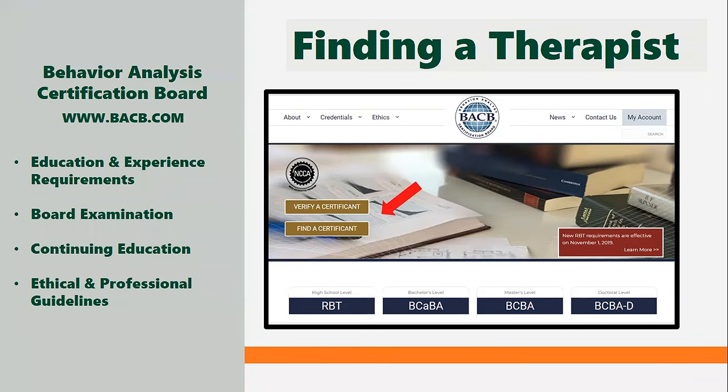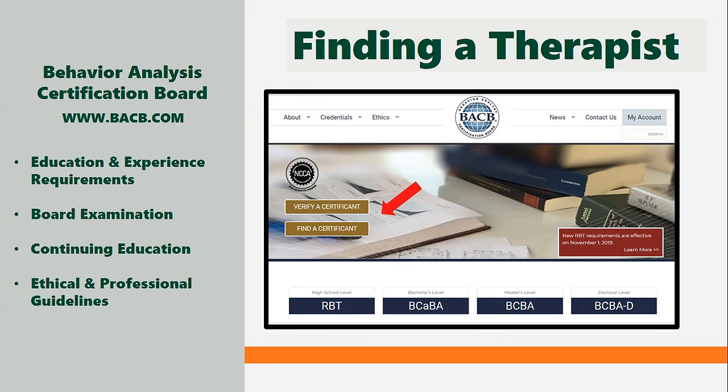So not the only, but one of the benefits of using a certified behavior analyst, and you know, the requirements for different insurance companies and different state licensures vary from state to state. So this is kind of a general recommendation. But the Behavior Analysis Certification Board certifies people who meet certain educational and experiential requirements.